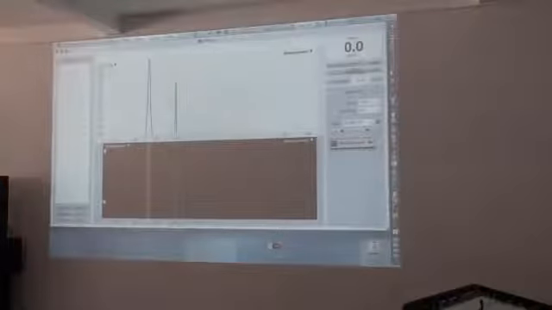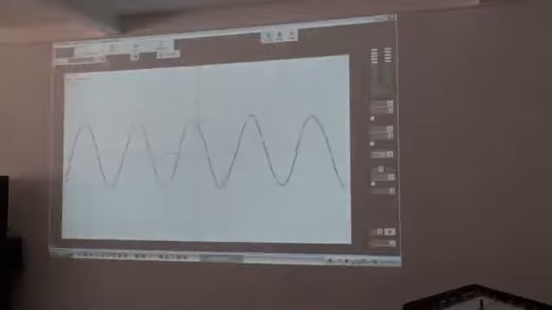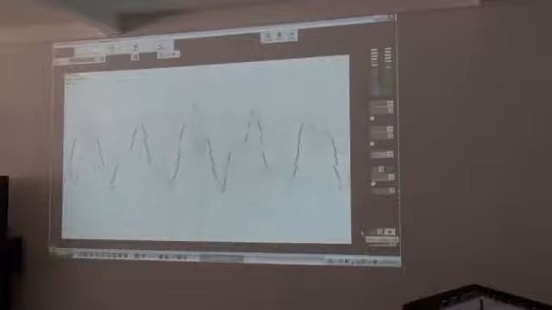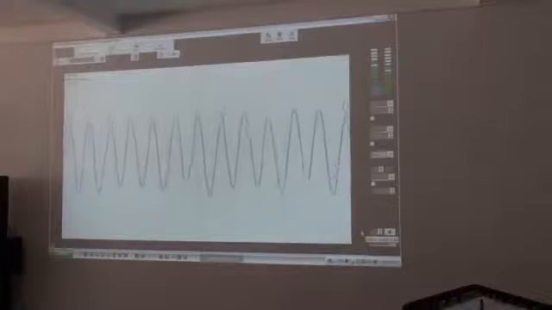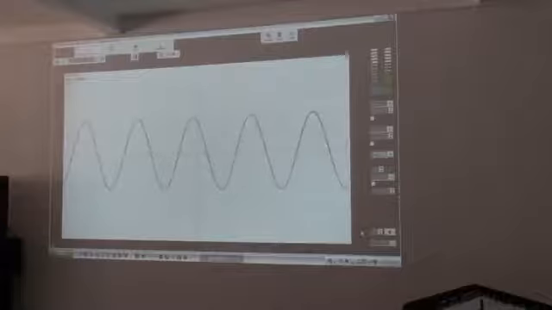If we want to view this in the oscilloscope, okay, let me change the levels. So this is the higher frequency, this is the lower frequency.